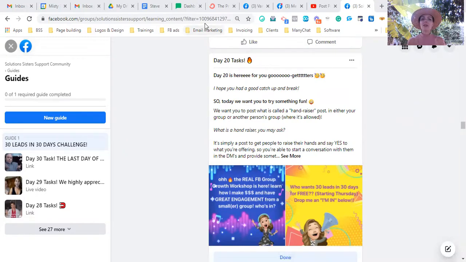It's just two examples, but what a hand raiser post is for, what the goal is, is to attract your ideal and potential clients to raise their hands to an offer or a lead magnet you may be able to share with them. So they have a certain struggle, a pain point or a problem, and you have a solution for them, a way you can help them solve this problem.